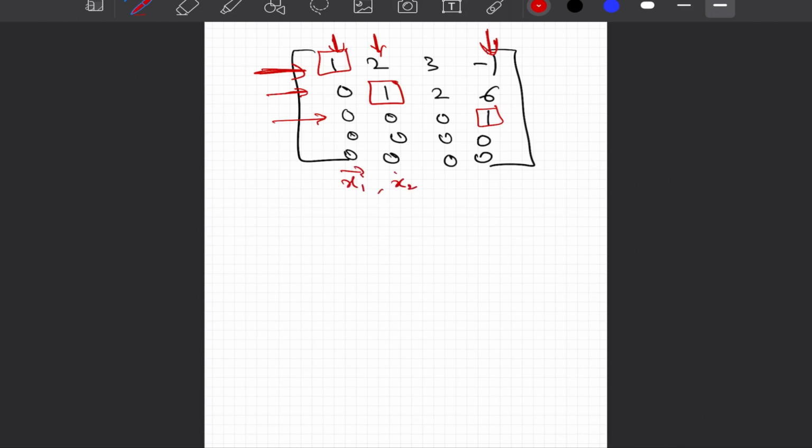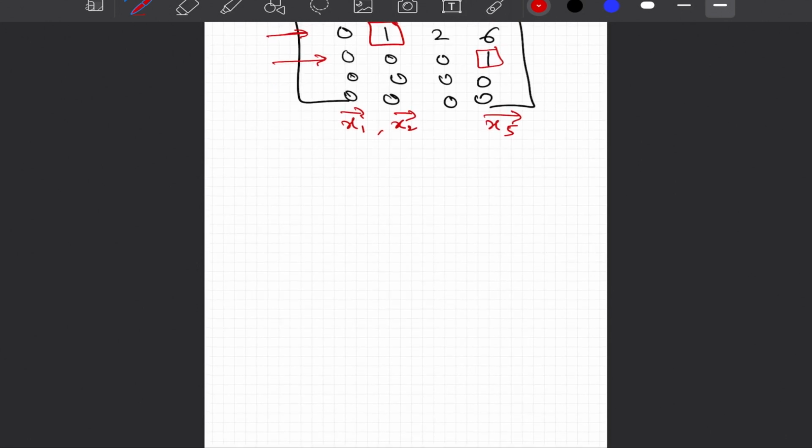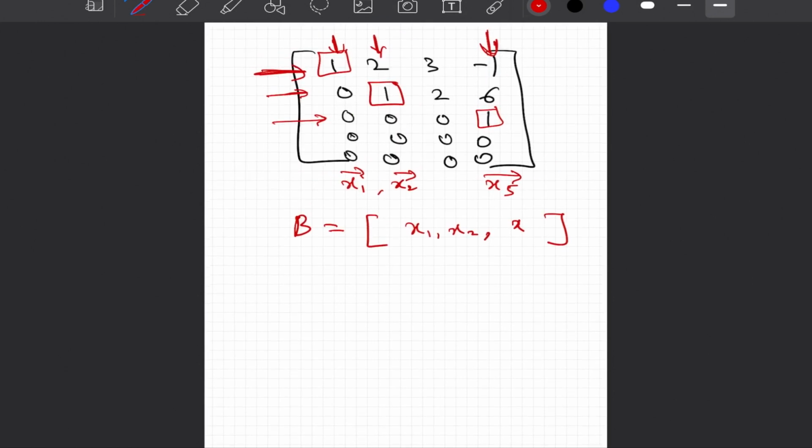So if we say that these are x1, x2 and x5, now we can confidently say that if x1 through x5 were the span, we have reduced them into independent form by using elementary transformations or Gaussian elimination, and hence we can say that the basis of this particular vector space can be written as x1, x2, and in fact this would be x4, not x5, and x4.